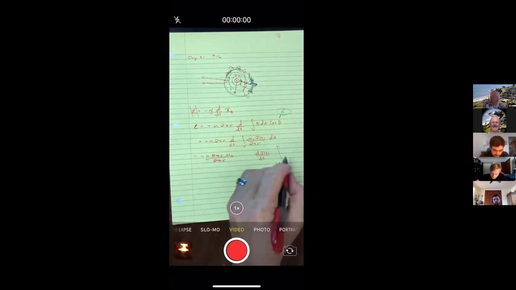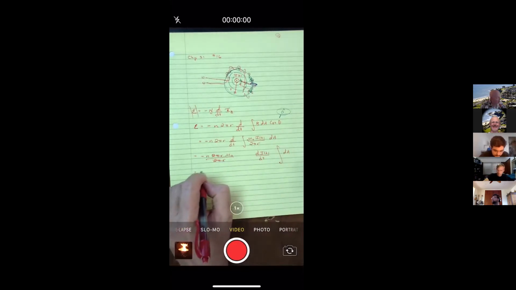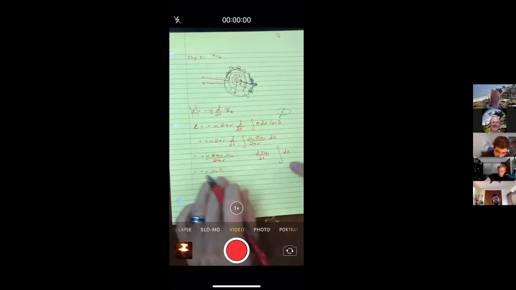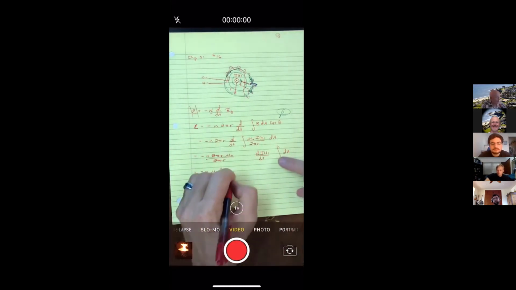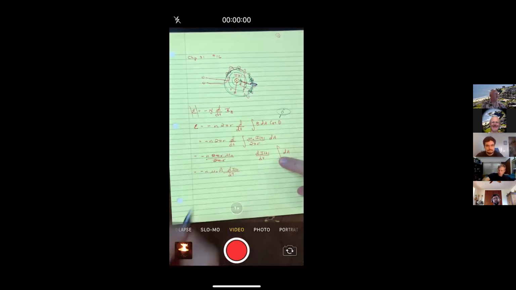And then, of course, you're just left with the integral of dA, which is then the area of this little coil. And then you have the derivative with respect to time.